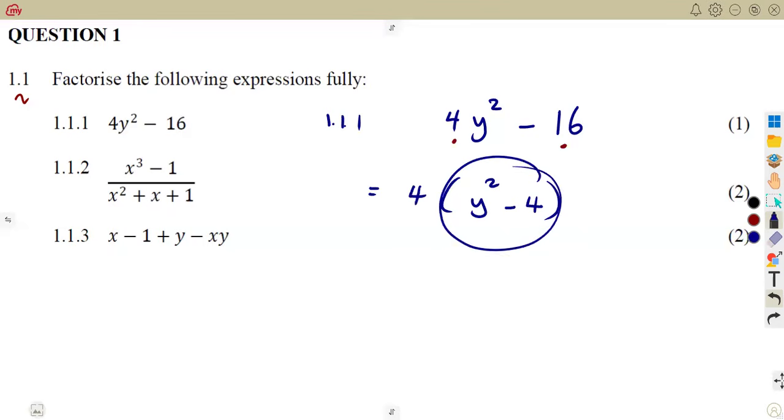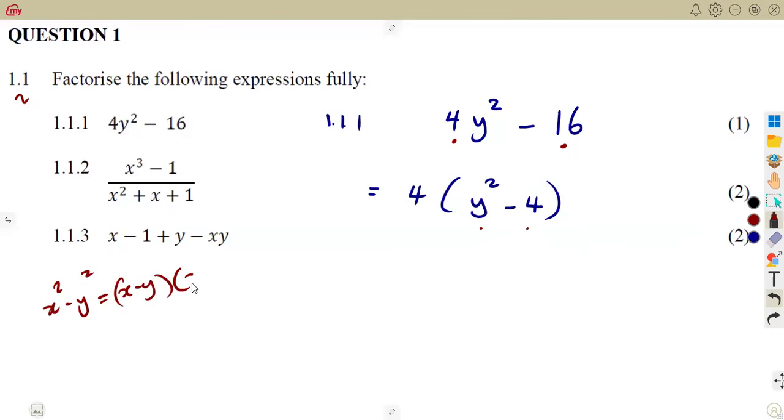Still, this is a difference of 2 squares. We have to factorize completely, which is fully. So what are we going to do? Remember, x squared minus y squared was taken from what? x minus y into the bracket of x plus y from your difference of 2 squares.